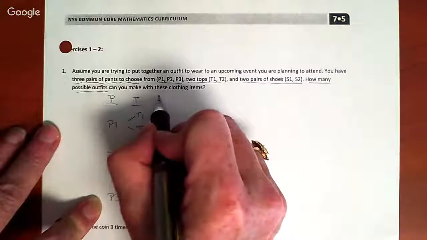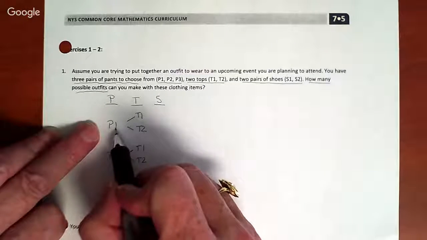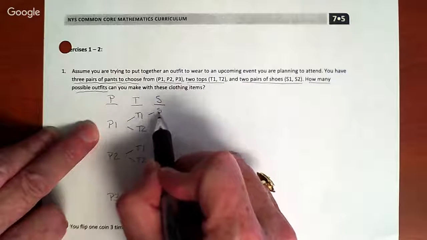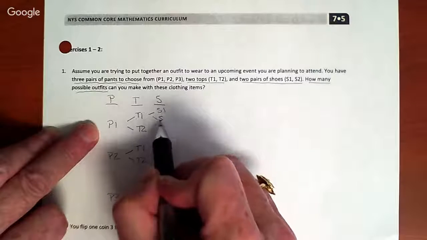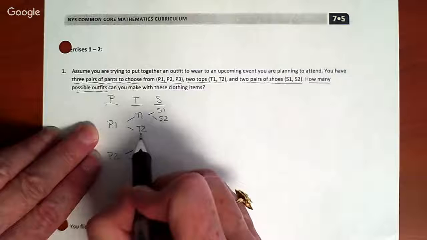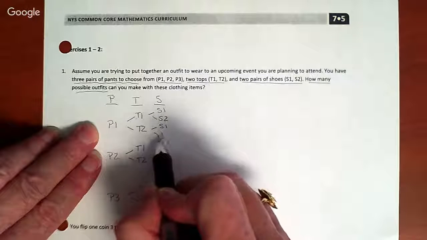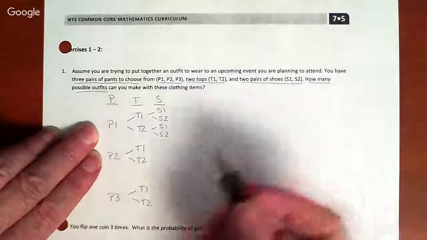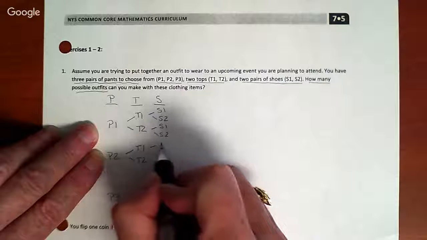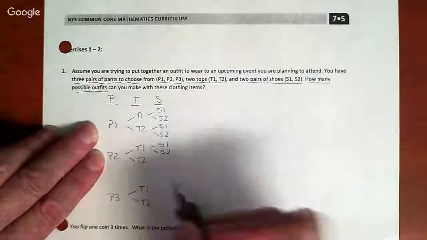Now I have to pick my shoes. If I pick the first pair of pants and the first top, I can pick the first pair of shoes or the second pair of shoes. If I pick the first pair of pants and the second top, I can still pick the first pair of shoes or the second pair of shoes. If I pick the second pair of pants and the first top, I can pick the first pair of shoes and the second pair of shoes. Okay?